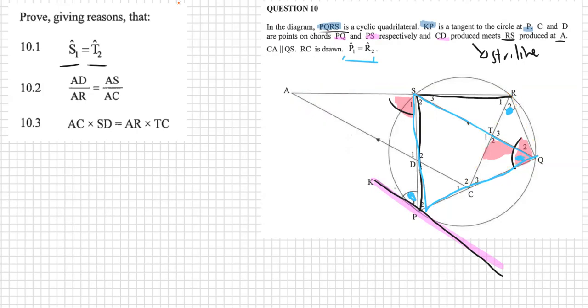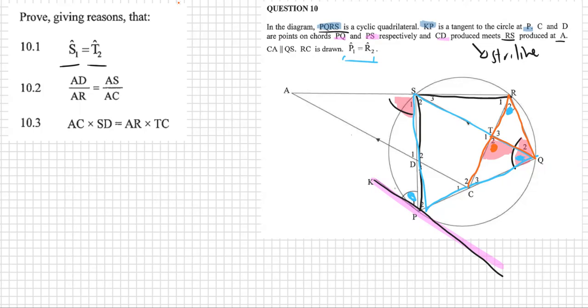So for that reason, I'm trying to look at the triangles. I'm trying to see if it could be something else that we could use. There's no tangent there, so there's nothing. So here, T2 is an exterior angle to this triangle here, triangle TQR. So that means the exterior angle is equal to the sum of the opposite interior angles.